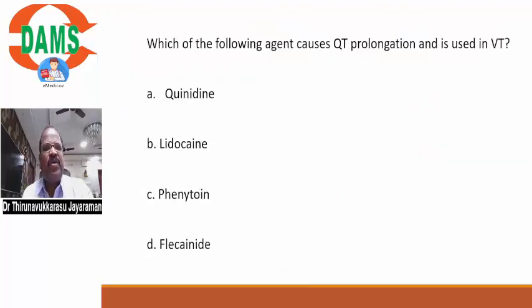Next, which of the following agents causes QT prolongation and is used in VT? Options are quinidine, lignocaine, phenytoin, flecainide. This is what I tell in regular class.